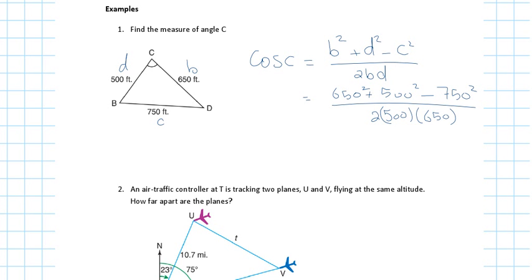So, can you guys find the top for me? So 650 squared plus 500 squared minus 750 squared. Minus 110,000. And then find the denominator.